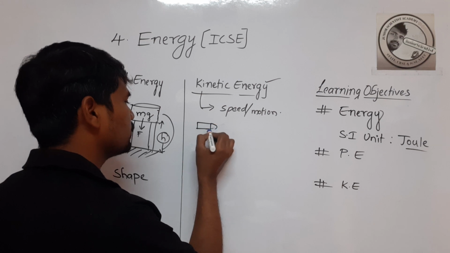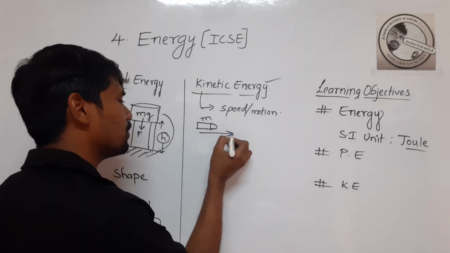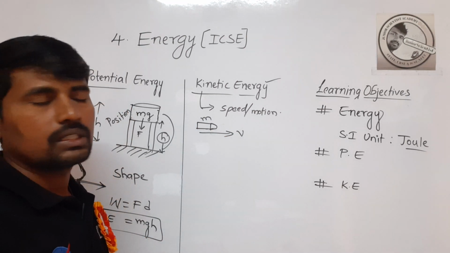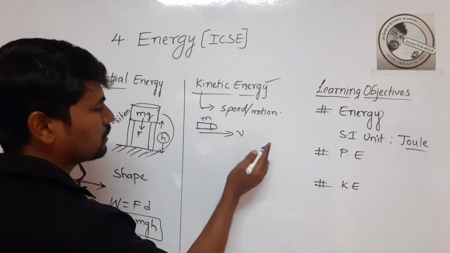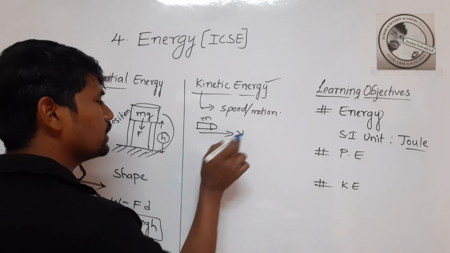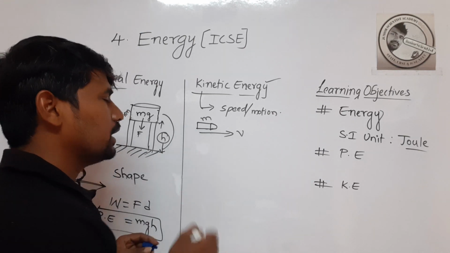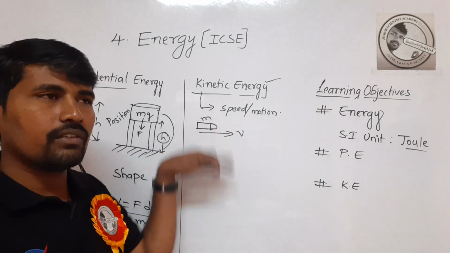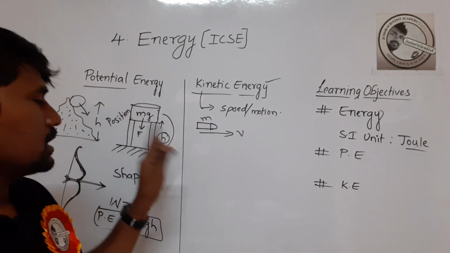Here, the bullet from the gun. The bullet has mass m and it has velocity v. So due to this, it has some energy. Okay. For example, if this object is travelling vertically, changing height, it has both kinetic and potential energy.